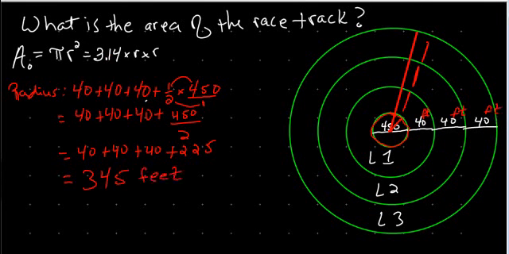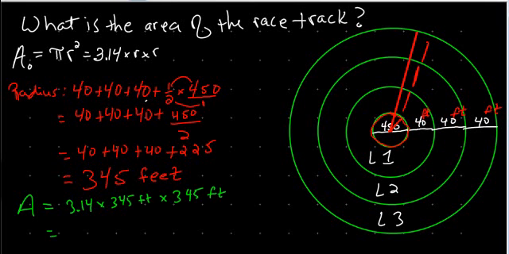Now to find the area of the whole thing, let's go back to green. Area equals pi r squared, and we got 3.14 times 345 feet times 345 feet, and that looks like a job for the calculator.